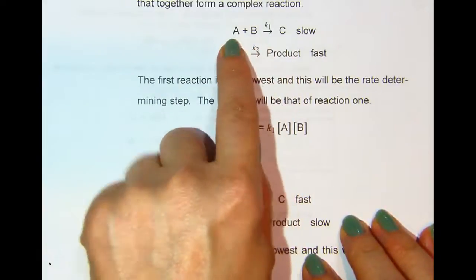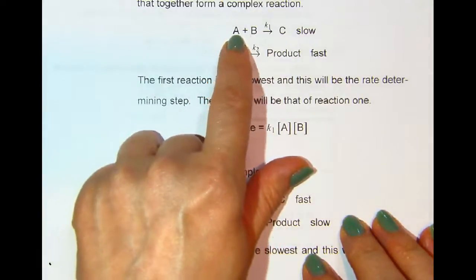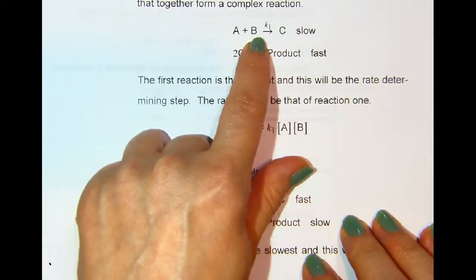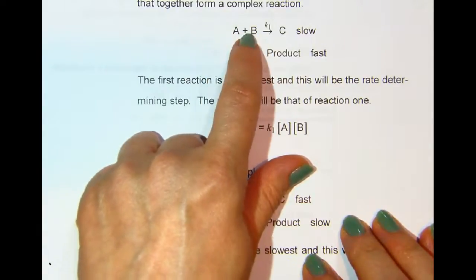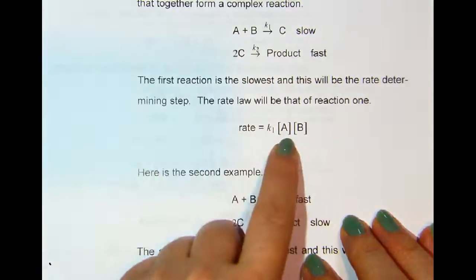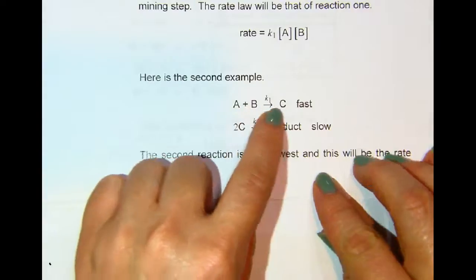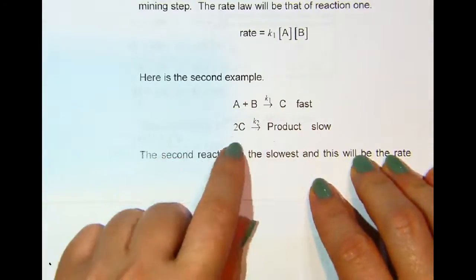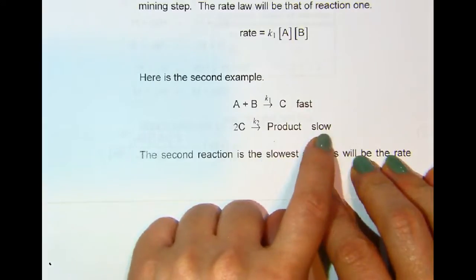And so we will write the rate is equal to K times the concentration of A times the concentration of B. And each of these are to the first order because they have coefficients of 1 and 1. And so here's your rate law. Here's a second example where you have A plus B goes to C, that's your fast step, and then you have 2C, which is your product, that's your slow step.